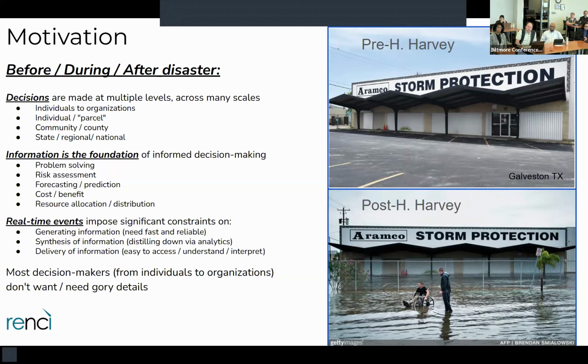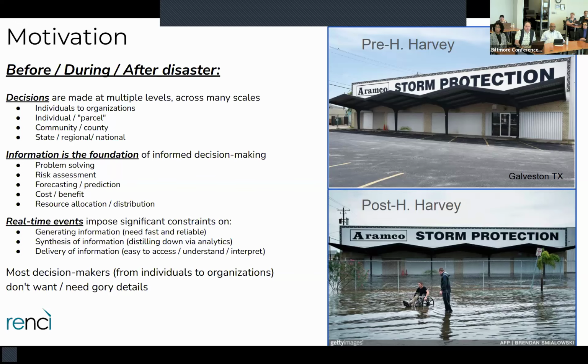But information is the foundation for decision making. You could roll the dice and take your chances, but in some sense, that's not really decision making. That's just picking one randomly. And so risk assessment is really the big thing. Even if you don't know you're doing risk assessment, at the end of the day, that's really what you're doing if you're making some sort of decision that is influenced by external factors.